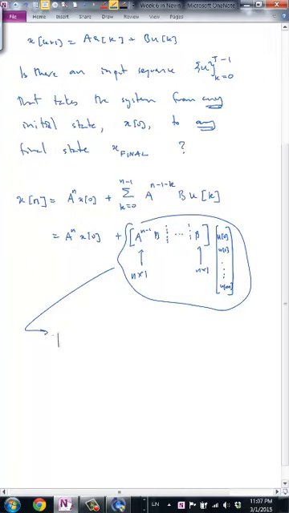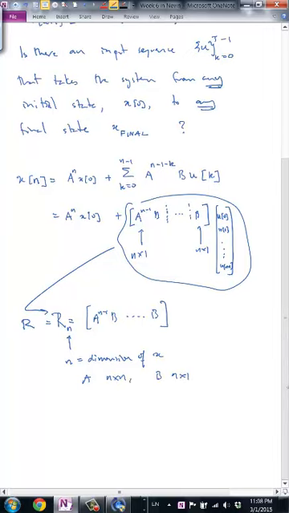So what we did is we let R equal this matrix, A to the n minus 1 B down to B. Note that there's no index on R, but really this is equal to R_n, but we denote this as R. N here is the dimension of x, and so similarly A is an n by n matrix, B is an n by 1 matrix, etc. So this is called the reachability matrix.